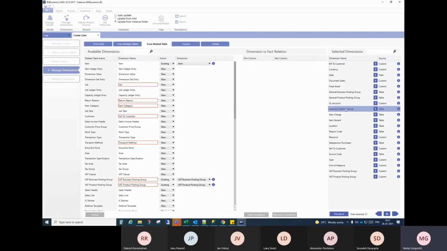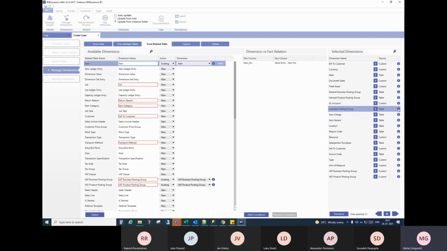Simple as that. Now, what we want to do here, specifically with item, and we didn't have an inventory posting group dimension available, so that's why we selected a new one, and we have just added it and checked if the relation is okay. So inventory posting group code to inventory posting group, and that's it. So we get that information from metadata.